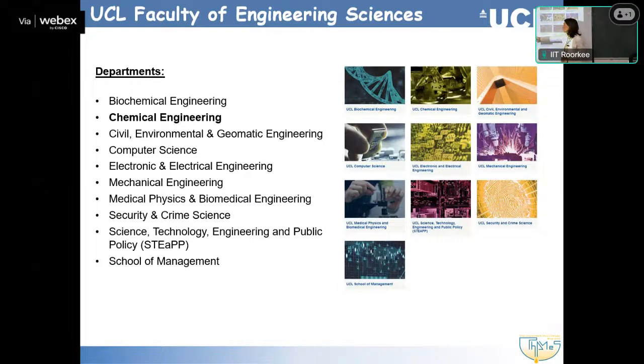And also this one is more of a unit rather than a department, science, technology, engineering, and public policy. We'll be discussing these things towards the end, how we fit what we offer as solutions. They also have to be socially acceptable and address societal issues as well as environmental or energy issues. And we have the School of Management.